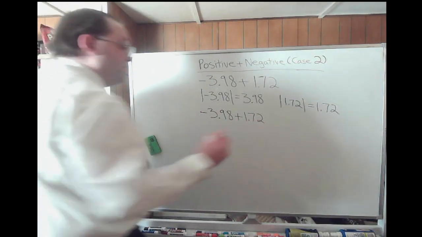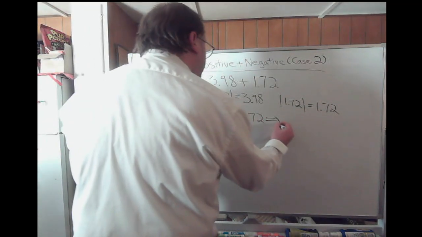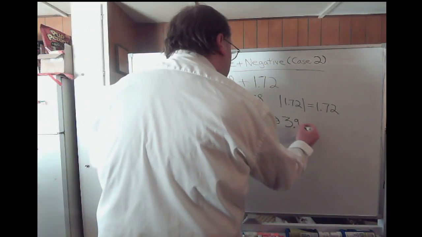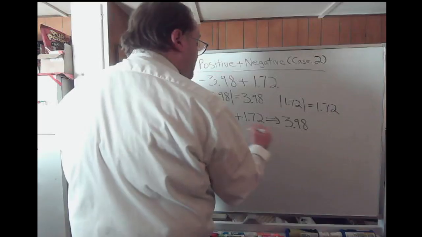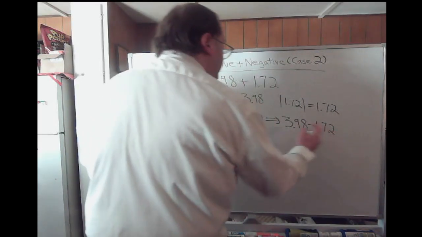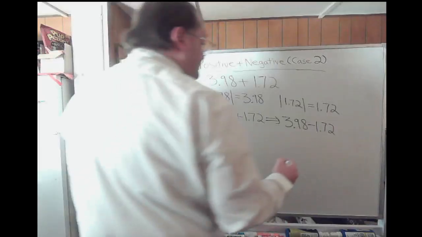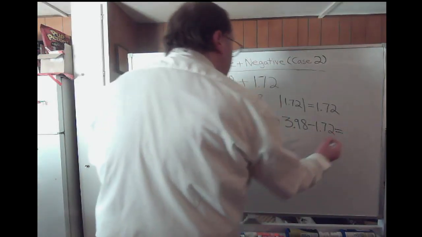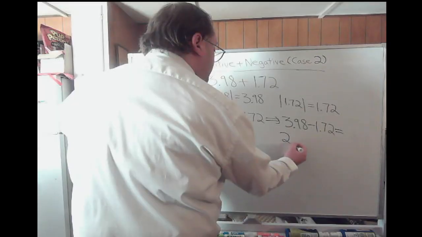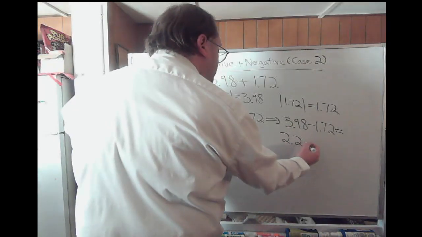Remember that temporary trick you can pull. You can switch places, make 3.98 positive, and then make 1.72 negative. So you'll end up with 3.98 minus 1.72. That should equal, let's see, 2.26.